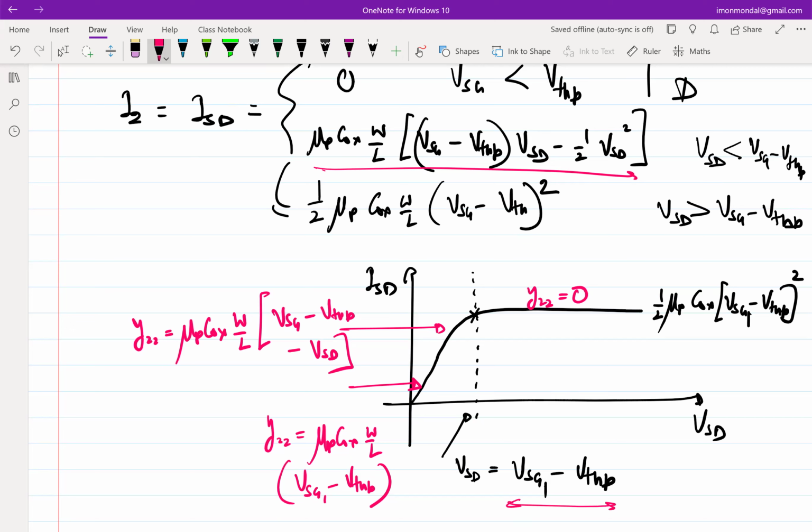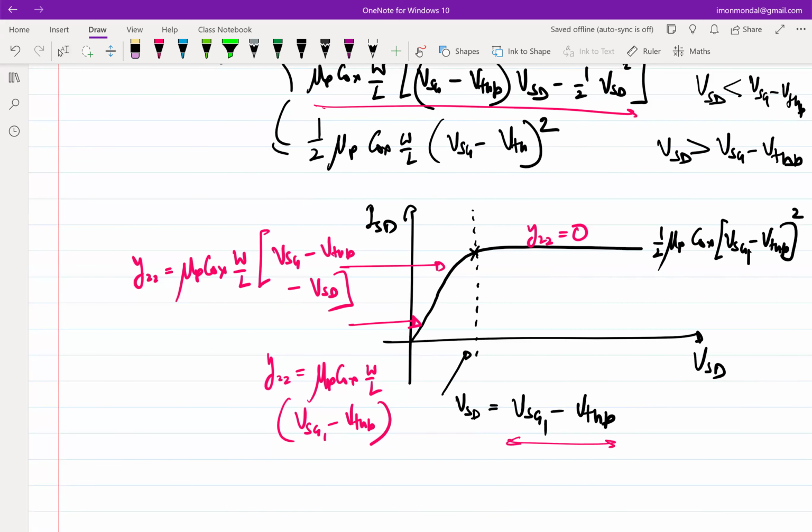So now this critical voltage has multiple nomenclatures in the literature. This VSG minus threshold voltage is also called the overdrive voltage. One of the reasons it's called overdrive or VOV is because you have to apply some voltage on top of threshold voltage to get mobile charges, right? So you are applying something over and above something.